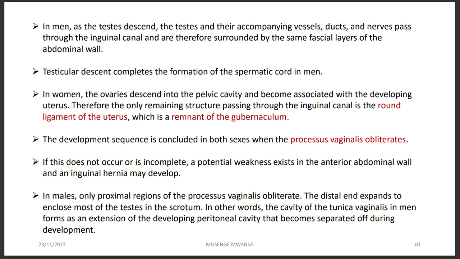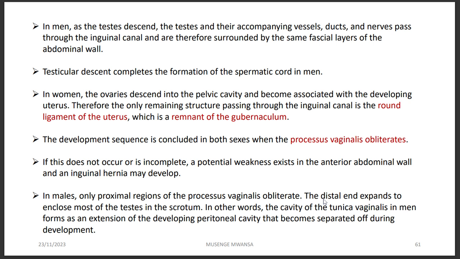So if it does not vanish, it leaves that weakness in the abdominal wall, and that is where contents from the abdomen, like the intestines, can move out from the abdomen, and that forms the inguinal hernia.